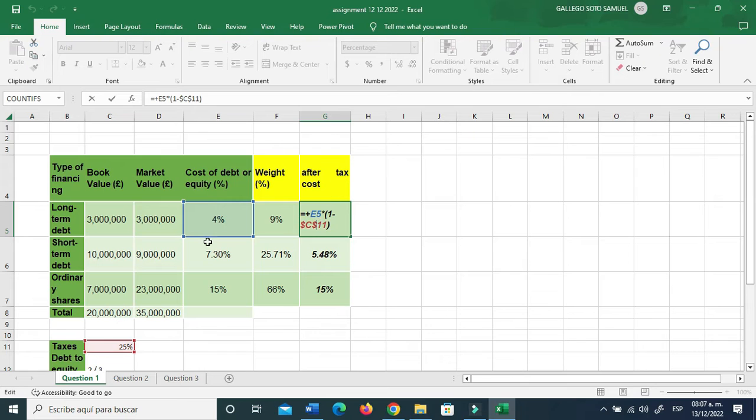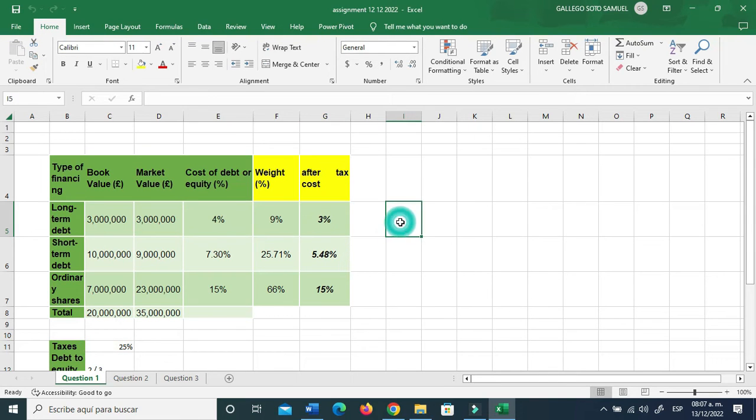Okay, and this is the after-tax cost. So the formula is that you take the cost times 1 minus taxes. That's what I did all the way down. But I only did it for this and this because your equity is not subject to tax deductions, so it remains at 15%.